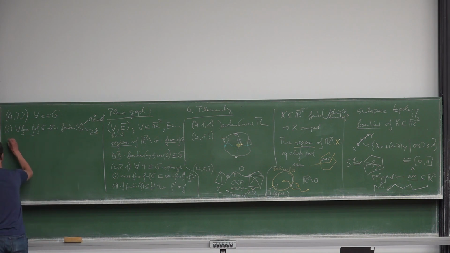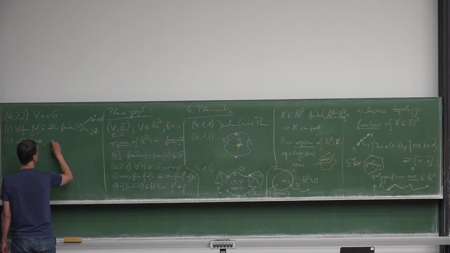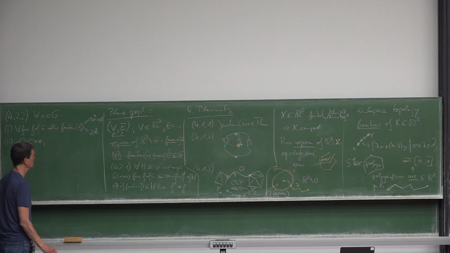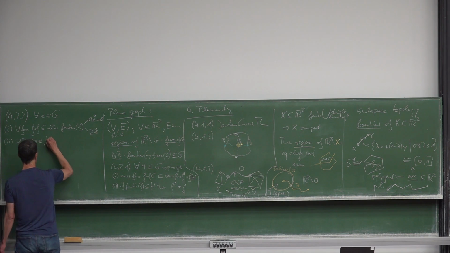Then if E lies on a cycle, then E lies on the frontier of two faces.